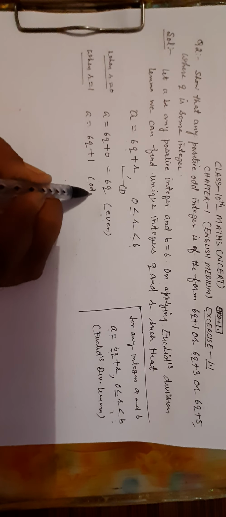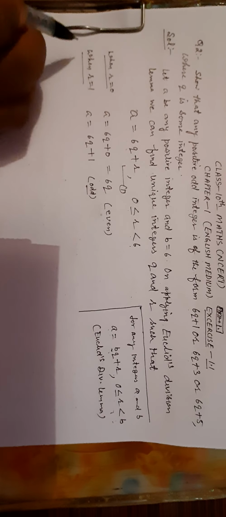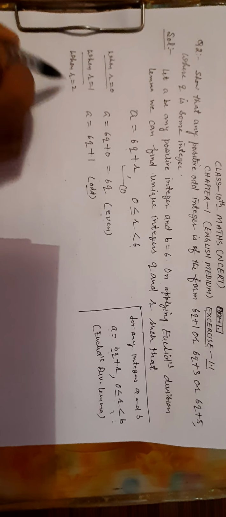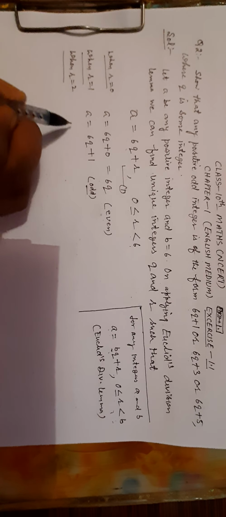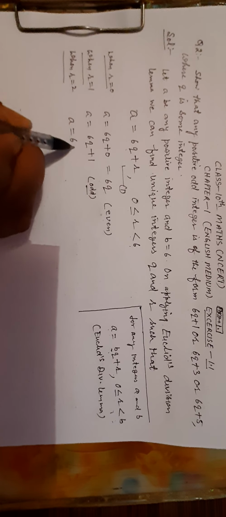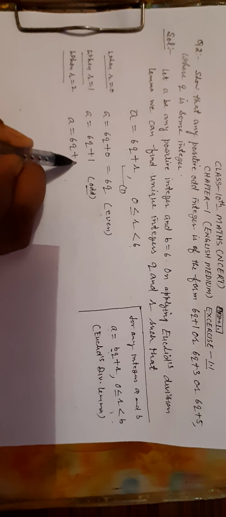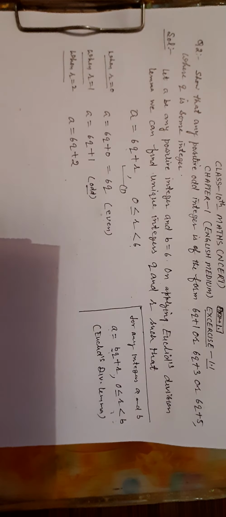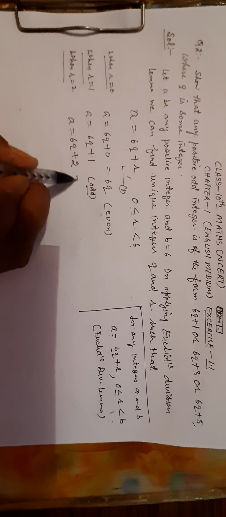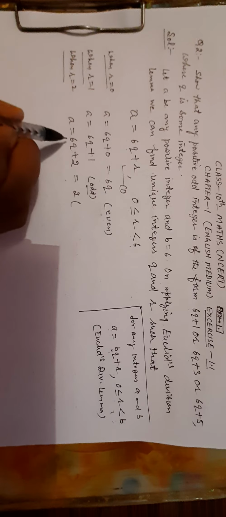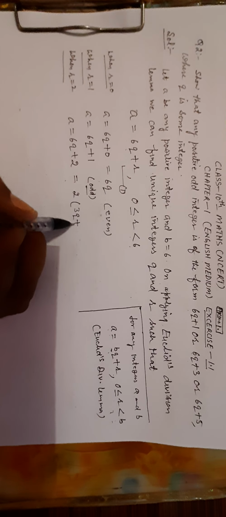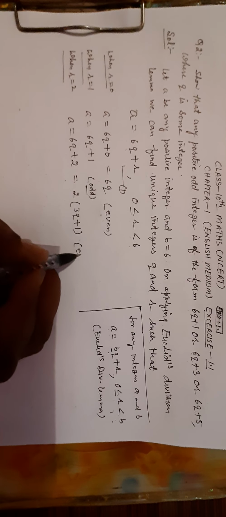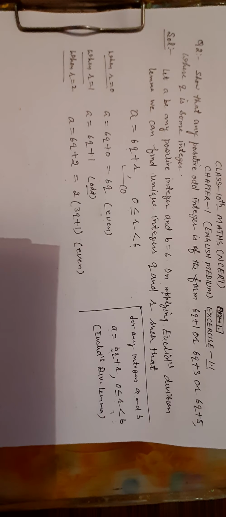Now when r is equal to 2, put r is equal to 2: we have a is equal to 6q plus 2. Out of this number we can take 2 common, so it is 2 times 3q plus 1. So 2 is a factor of this number, and this number is even.